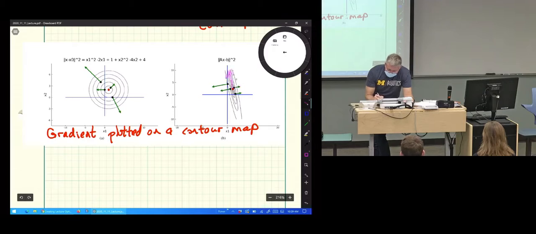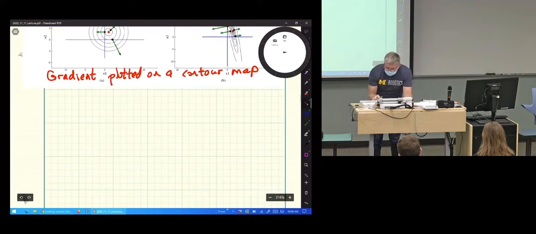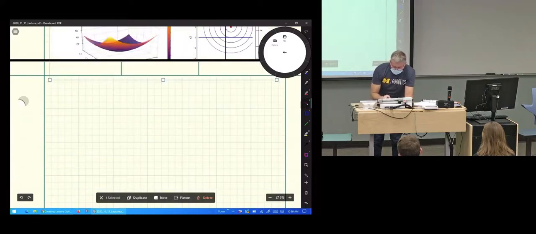So here, in this direction, there's a far distance between the contours, so the gradient would be low, and here the contours are all crunched up, and that's why the gradients are pointing in this direction.